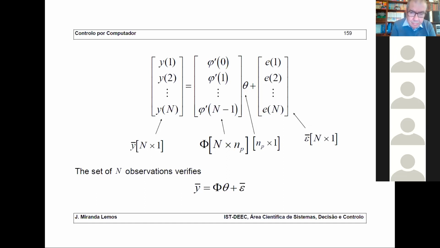Capital N must be a lot bigger than NP, the number of parameters. So if you have noise, you want to have more data points than parameters to estimate.